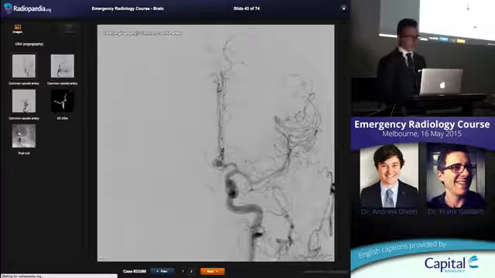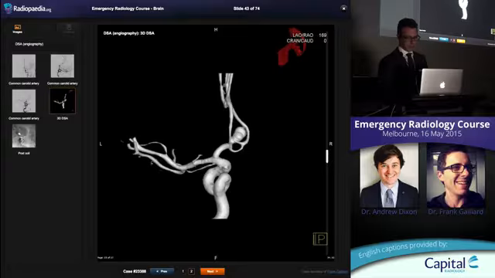And this person had a catheter angiogram, again showing an ACOM here. Catheter angiography now has the ability to do 3D reconstructions, which are great for helping to plan coil selection, as well as planning surgery if it's not amenable to coiling. And the flame-shaped hemorrhage will point usually away from the aneurysm in that sort of direction.